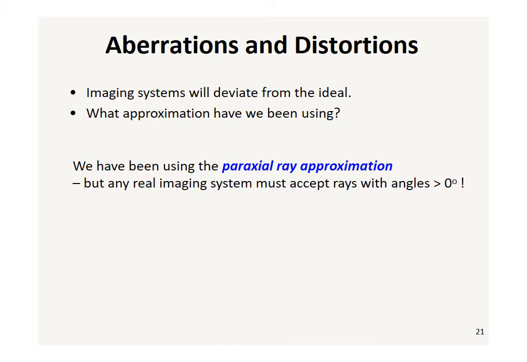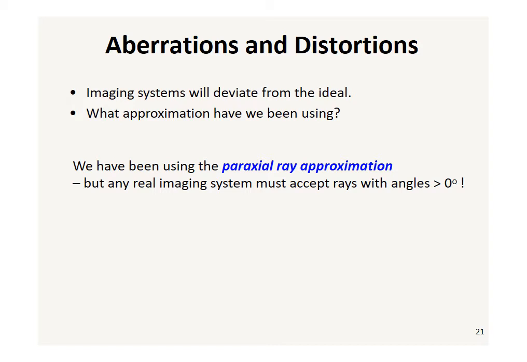So we know that our Gaussian theory is really no more than a good approximation. So exact ray tracing would certainly reveal inconsistencies with our paraxial description. So departures from the conditions of Gaussian optics are known as aberrations.